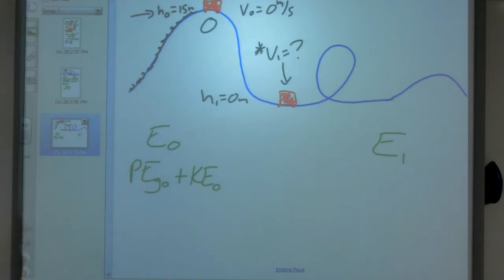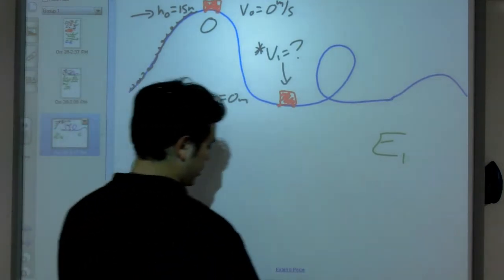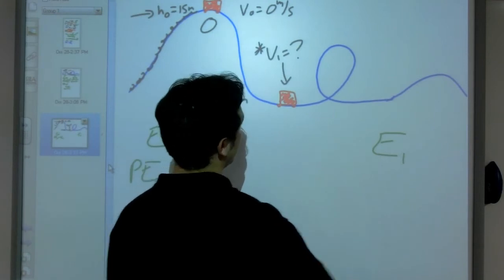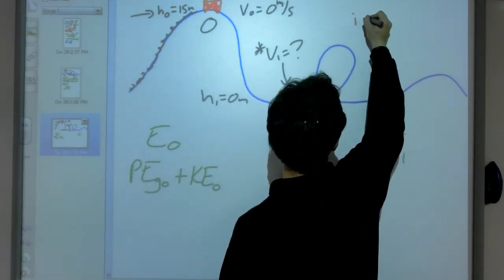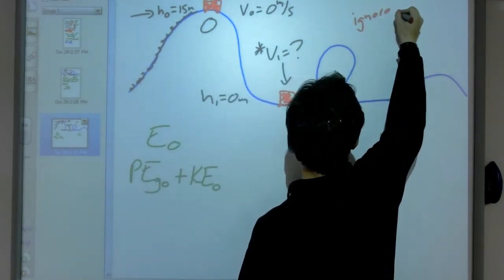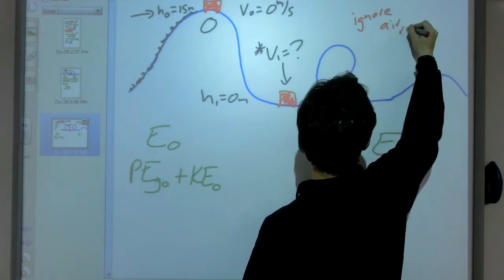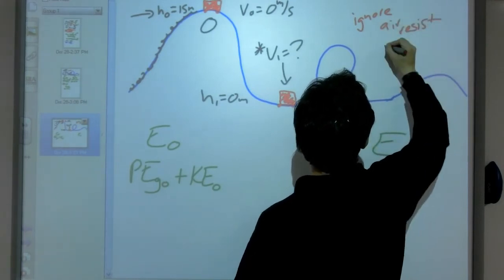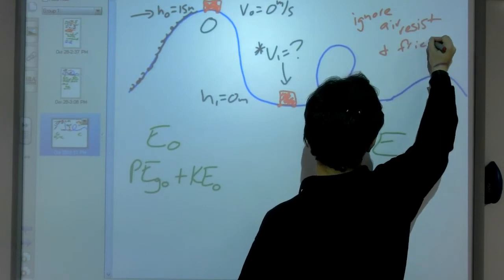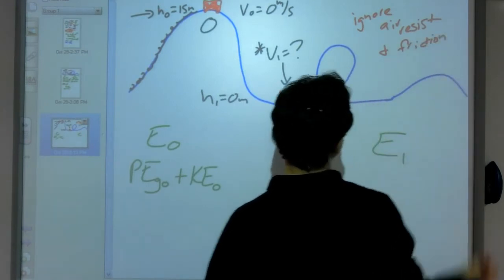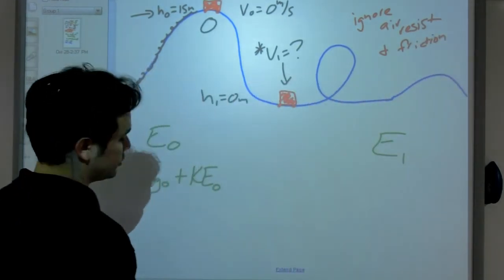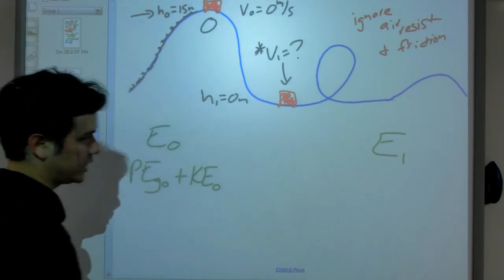We're not really dealing with any springs, no magnets or anything like that. So for the most part, these are probably the only forces that we're going to be dealing with. We are going to ignore air resistance and friction. It's not entirely realistic, but it helps to model a system simply first to get an understanding.